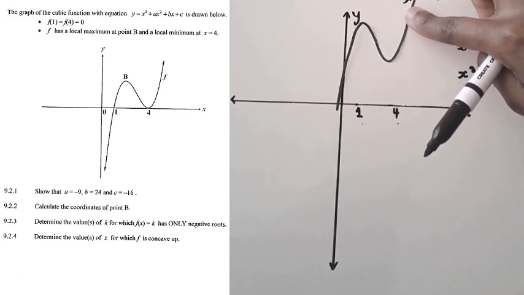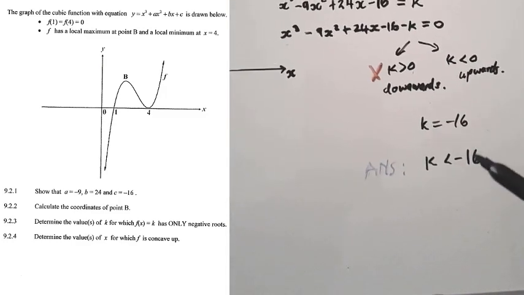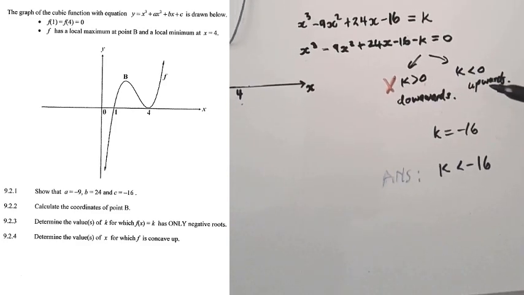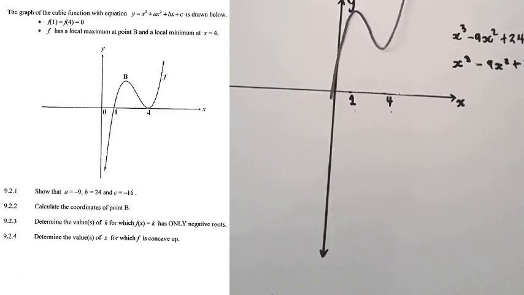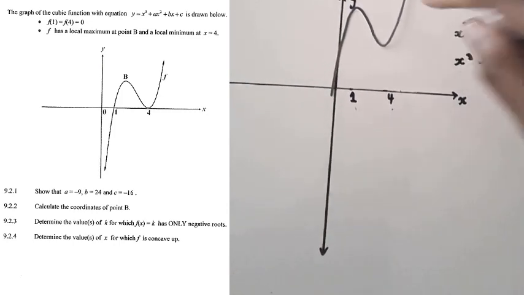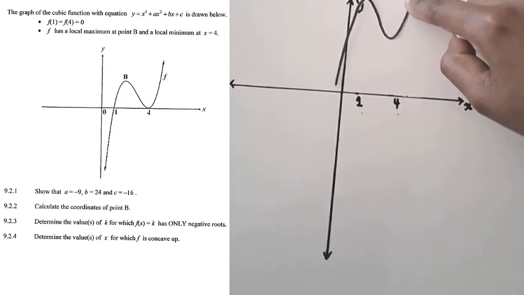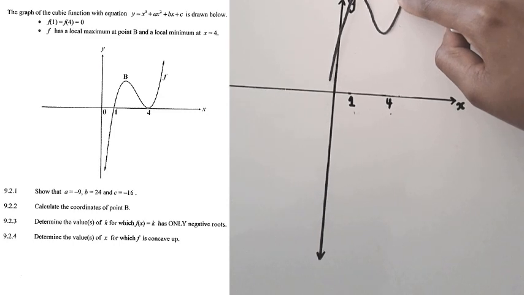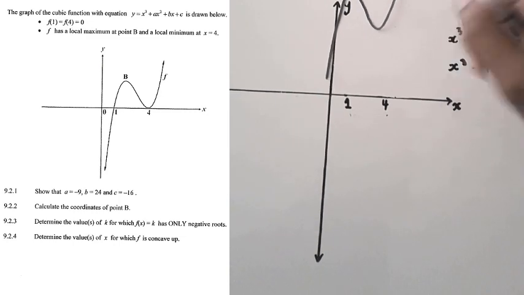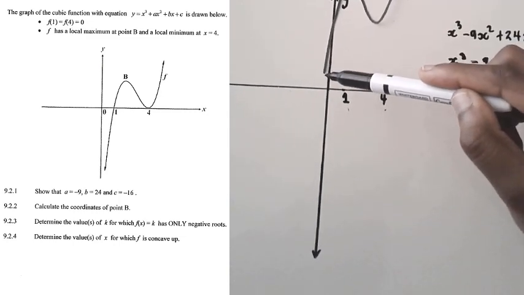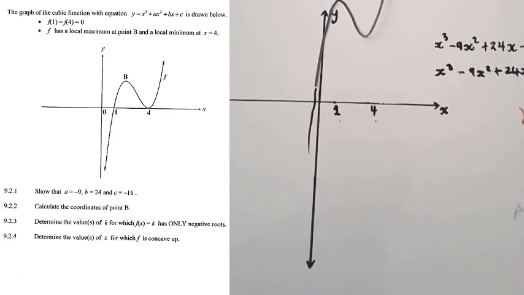So whenever k is less than negative 16, the graph will move upwards, and the graph will only have negative x-intercepts. Let's keep moving it upwards. You won't be able to see it now, so you have to just keep visualizing it with your eye. You can see that this line on this side, if you carry on drawing it, is on the negative side.